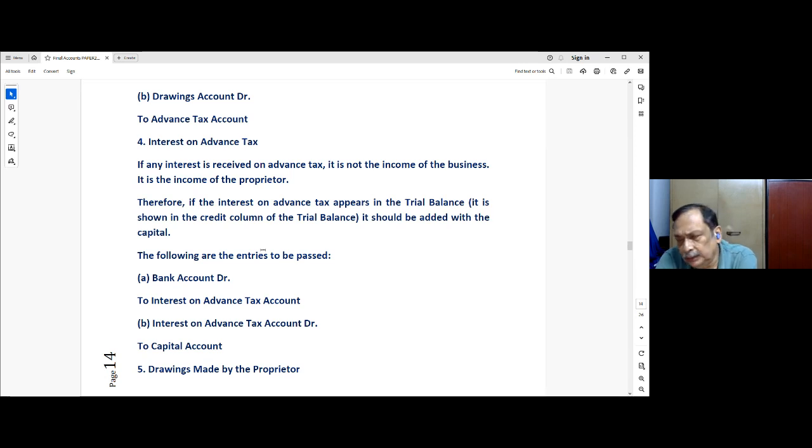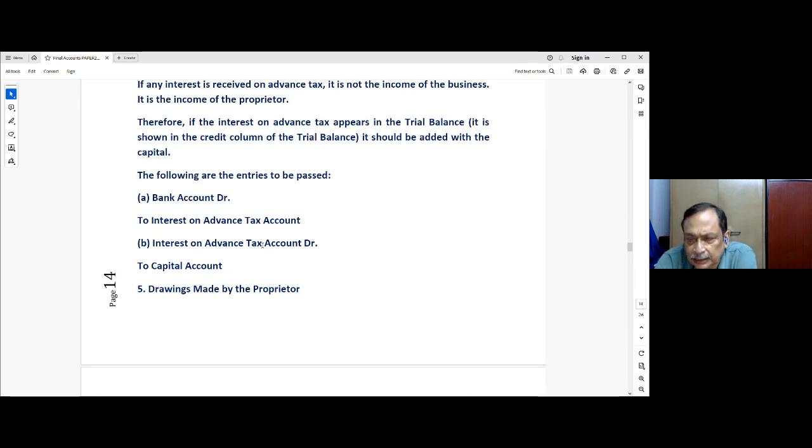The following entries are required to be passed. That is, bank account debit to interest on advance tax. Second, interest on advance tax account debit to capital account.